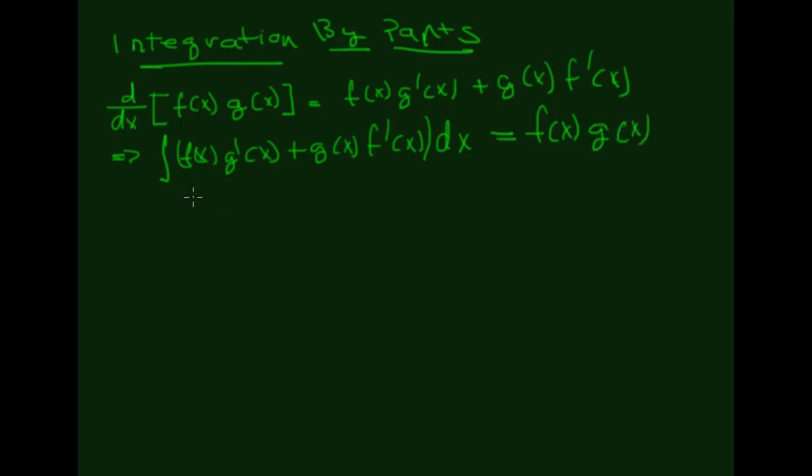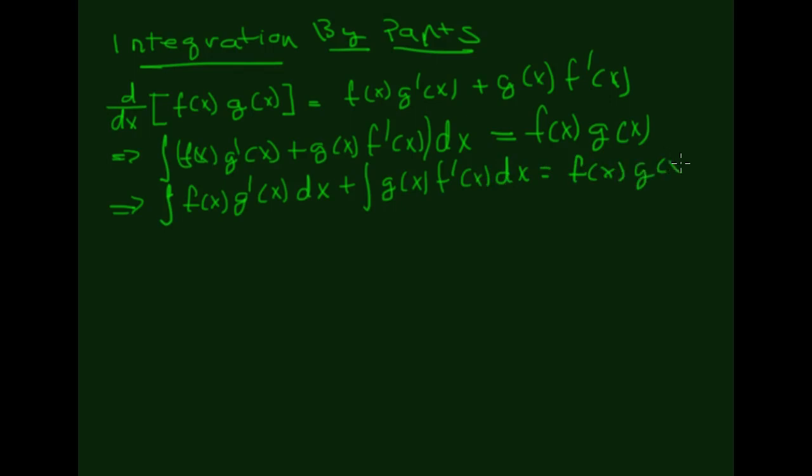Okay, so this can be broken up. This is the antiderivative of f of x g prime of x dx plus the antiderivative of g of x f prime of x dx is equal to the product of f and g. Okay, so not so bad.